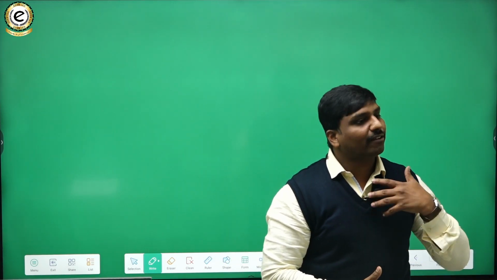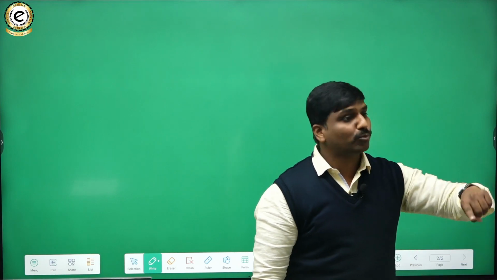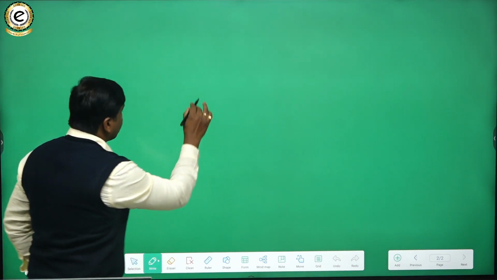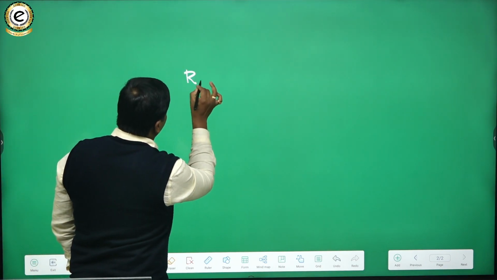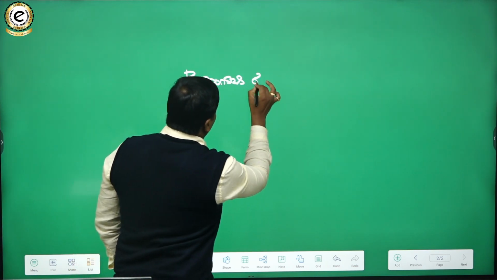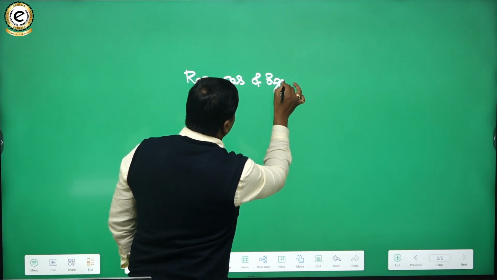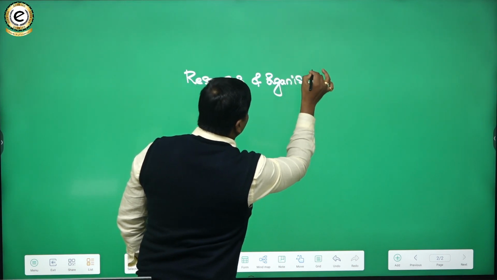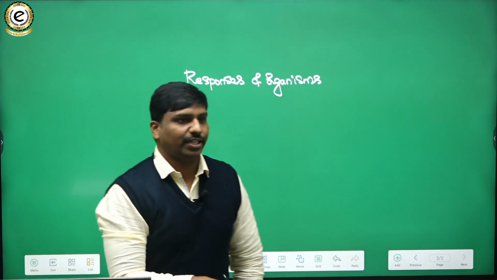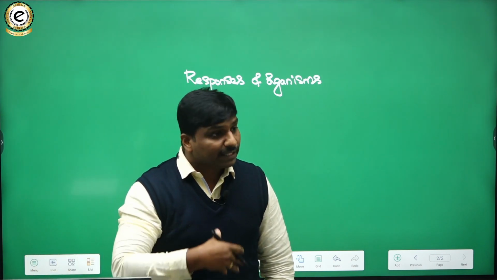So what kind of responses does an organism show to its surroundings? That is another important aspect that we have to understand. When we talk from the perspective of responses of organisms, they usually show responses to the physical environment.